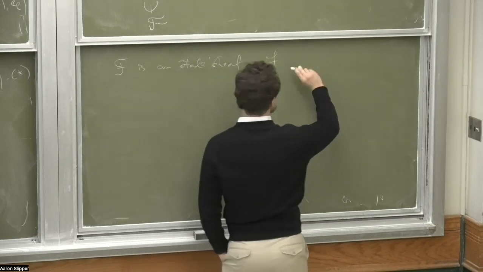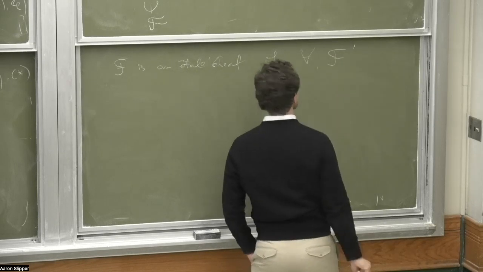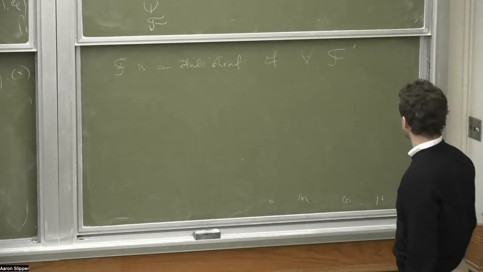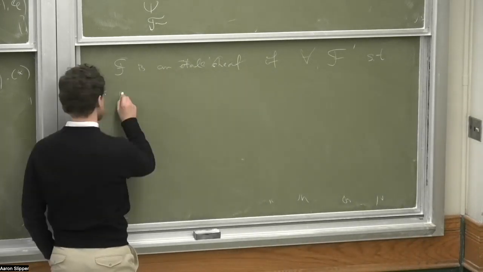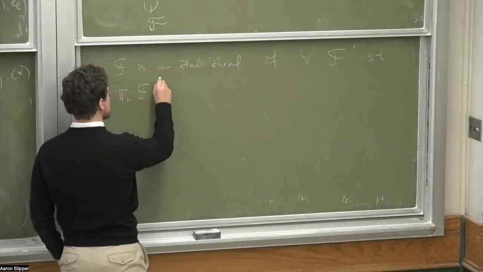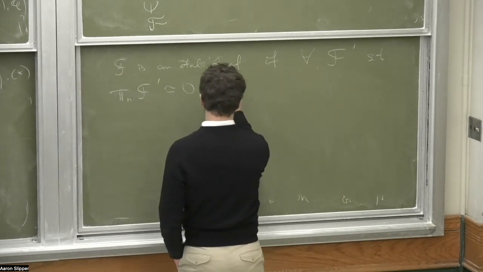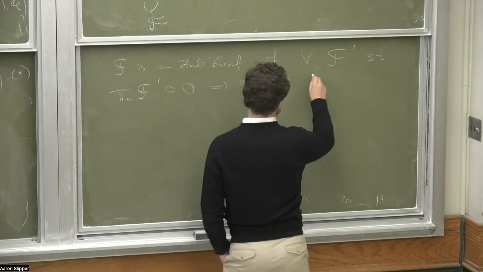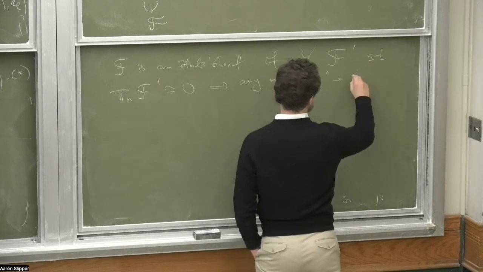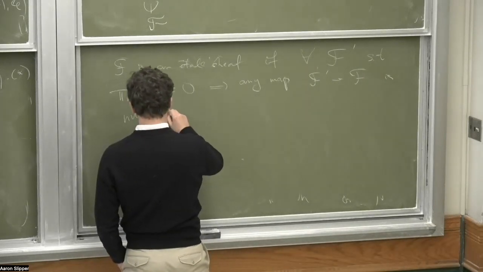If for any F prime such that all étale homology groups of F prime are zero, it follows that any map from F prime to F is null.